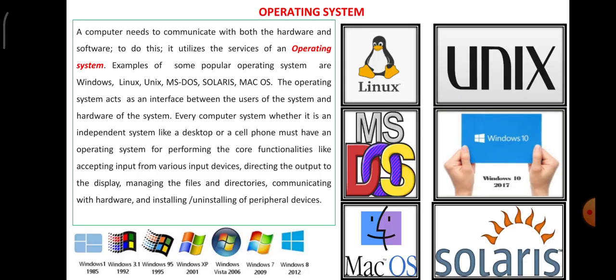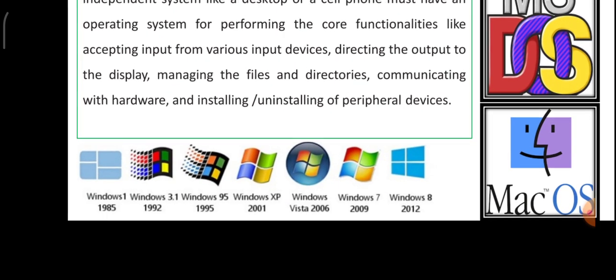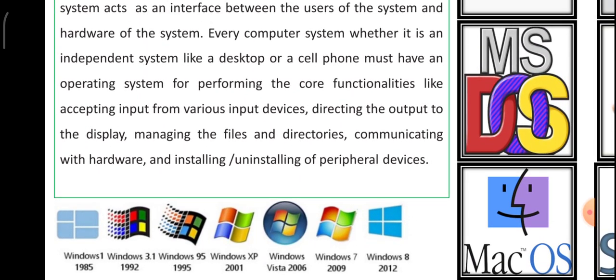Operating system, as you can clearly see on the right hand side: Linux, Unix, MS-DOS, Windows, Mac, Solaris, these are some of the classical examples of types of operating system. I have given you clearly how Windows in different years has transformed, starting from 1985 till date.